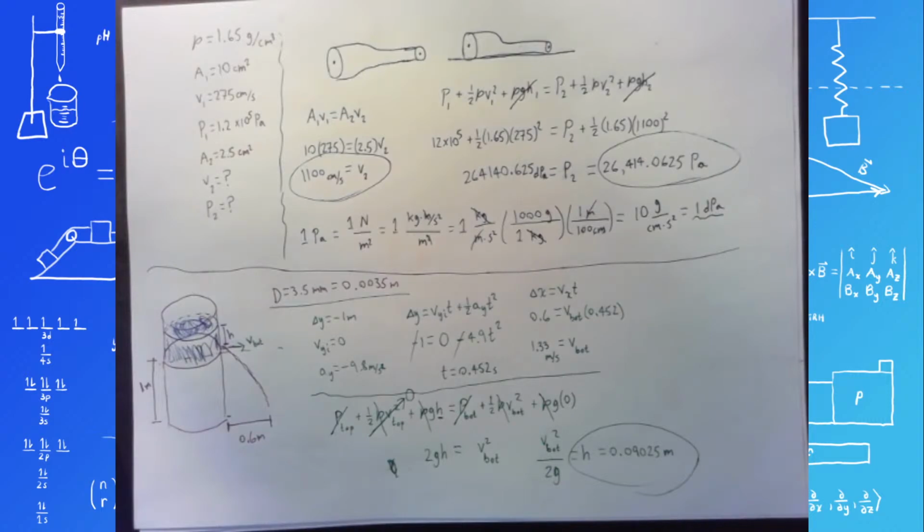It says a large storage tank open to the atmosphere at the top and filled with water develops a small hole in its side at a point 16 meters below the water level. If the rate of flow from the leak is 2.5 times 10 to the negative 3 cubic meters per minute, determine the speed at which the water leaves the hole and determine the diameter of the hole.